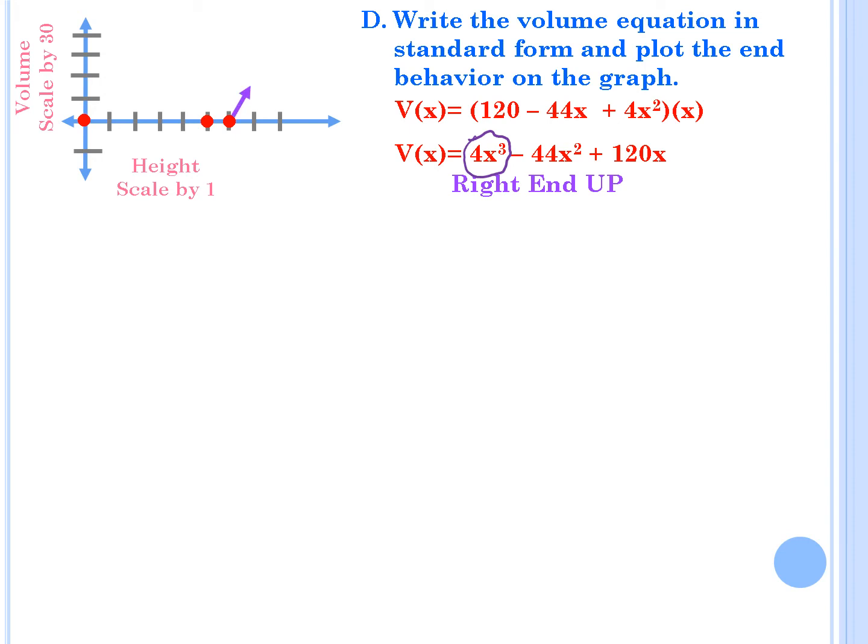Then I look at the exponent, the n. The n is odd, and odd means opposite. So the exponent is left end behavior and it's opposite of the right end. Well, right end is up, so that means left end is down. So I go to my leftmost 0 and I make the graph go down.